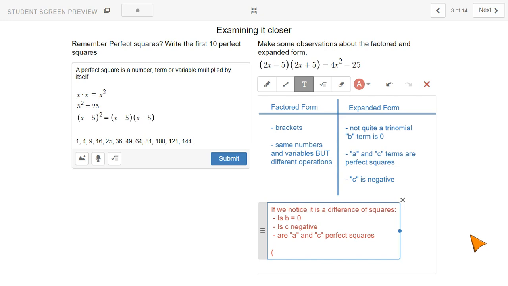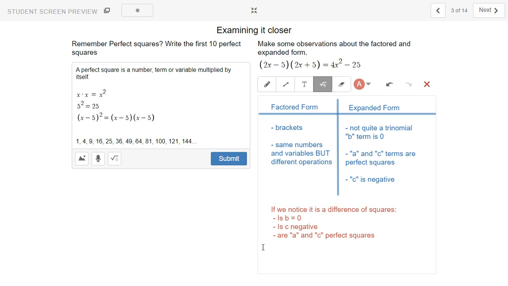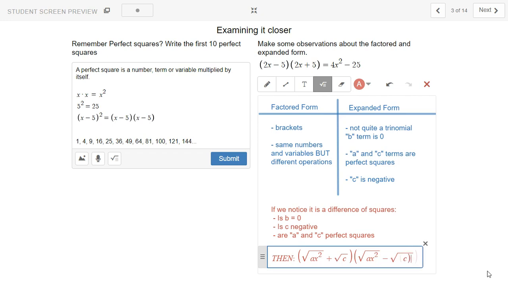What you would do, your brackets would have the square root of the A term x squared plus the square root of C, and the square root of the A term x squared minus the square root of C. So those are the two brackets.